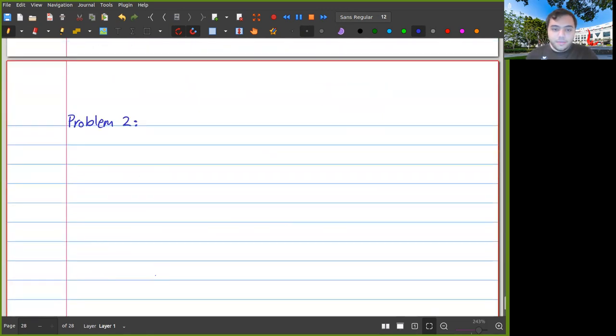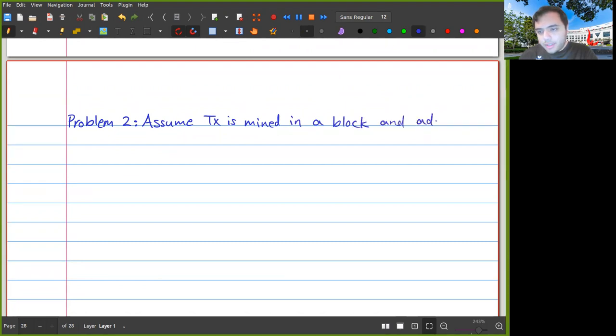Let's say that we assume TX is mined in a block and added to the consensus chain. Can Bob be sure that he's paid? Well, actually, not really. And the problem is, what if a fork happens?